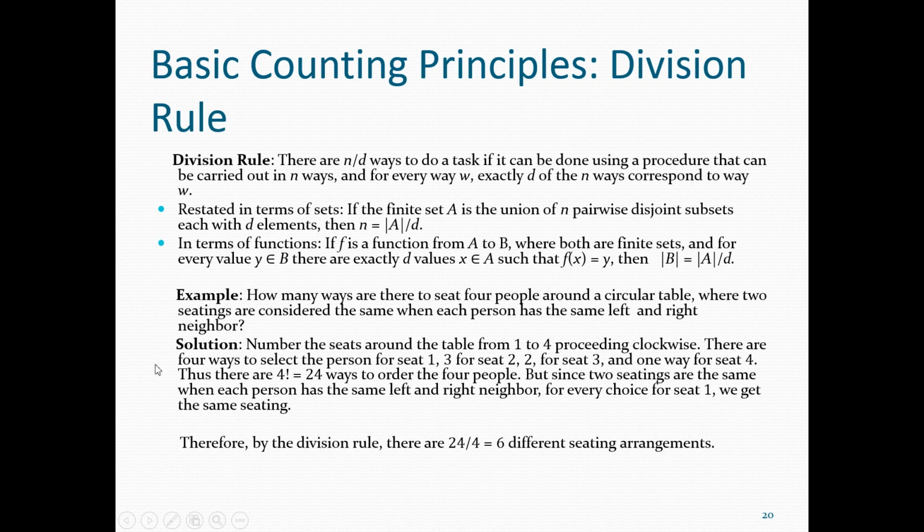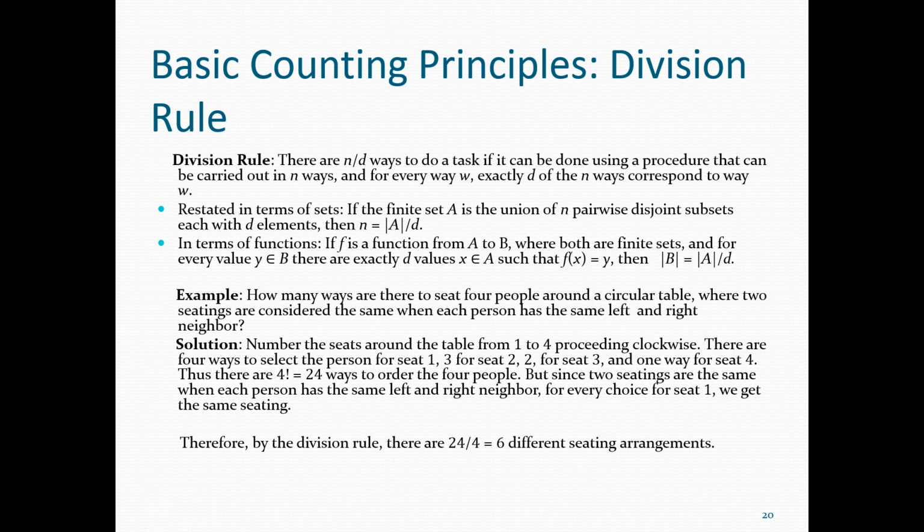There are 4 ways to select the person for seat 1, 3 ways for seat 2, then 2 ways for seat 3, and 1 way for seat 4. So the total number of ways is 4 factorial, that is 24, to order the 4 people. But since 2 seatings are the same when each person has the same right and left neighbor, for every choice for seat 1 we have the same seating.